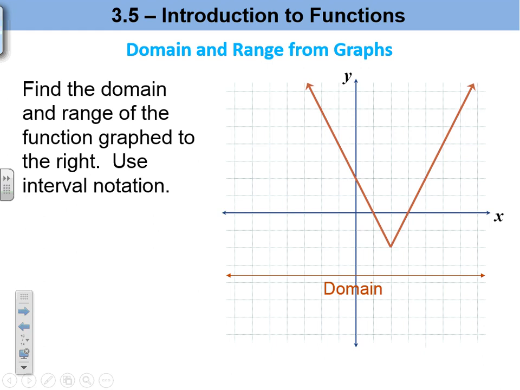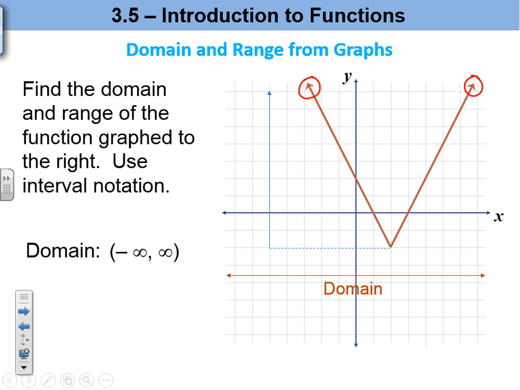Now, if you notice, this one doesn't have a closed dot or an open circle. This has arrows on it. Those arrows indicate that it's continuous. Because it's continuous to the left and to the right, we would say the domain is all real numbers from -infinity to +infinity.